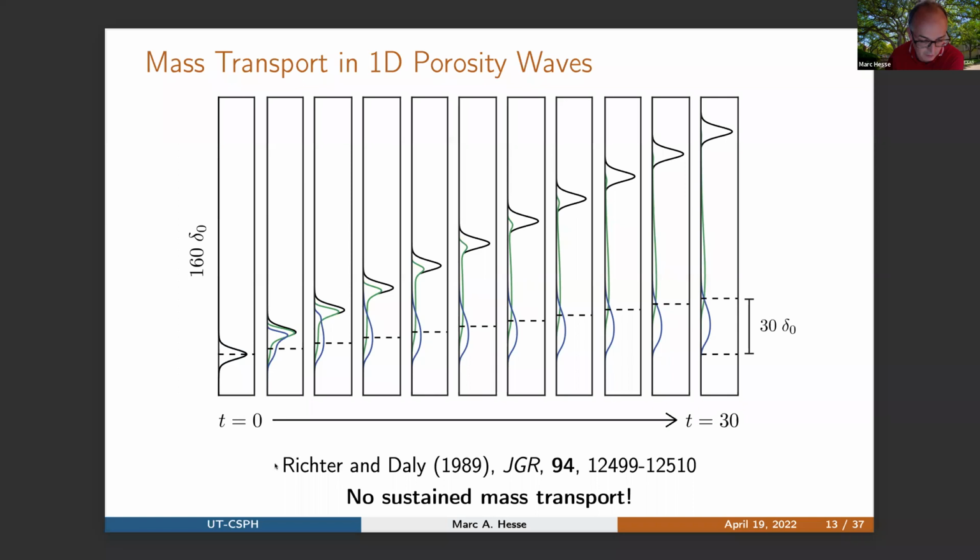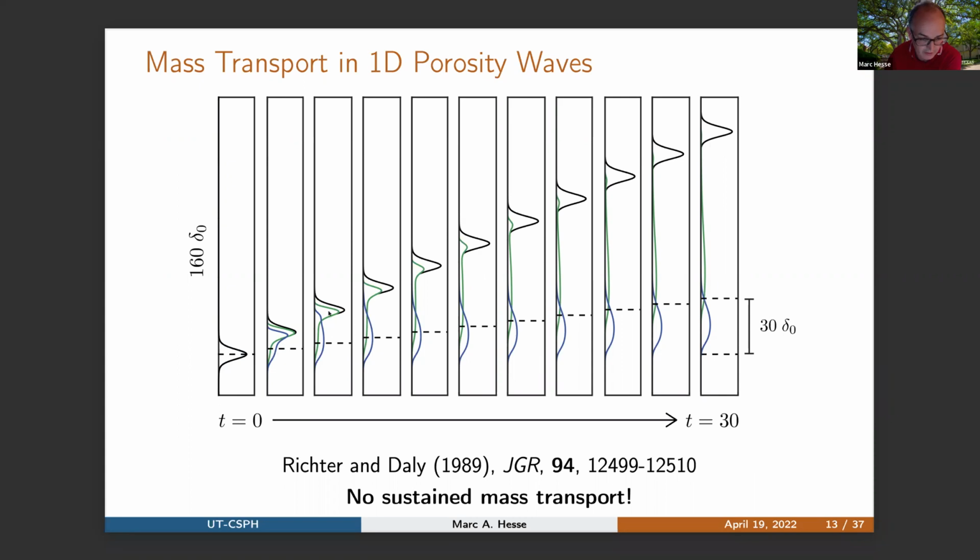This is based on the work of Frank Richter back in the 80s, where the black Gaussian-looking, really a sech-type hump here, is our solitary porosity wave. And you can see that it's migrating with a fixed phase velocity. Now, this is for the Earth, so the melt is buoyant and would migrate upward. And then in color, you see two different tracers.